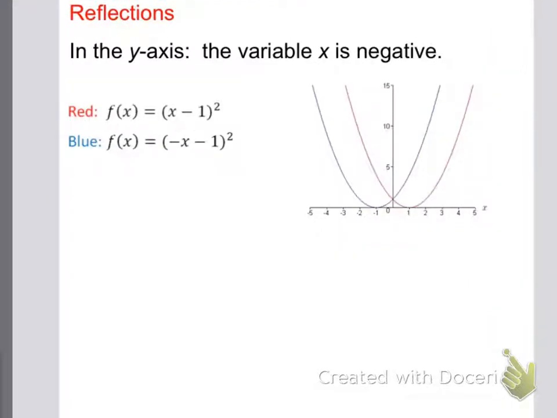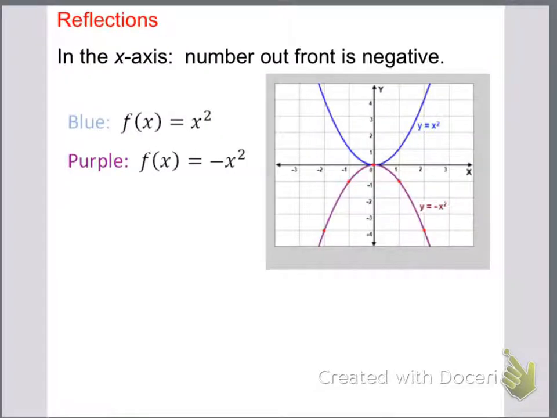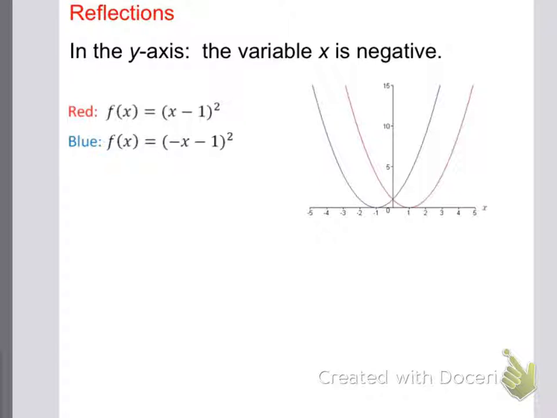In the y-axis, okay, the variable x is negative. See, back here, it was just negative x squared and positive x squared. Here, if I have x minus 1 in parentheses squared, if this x becomes negative x, then it reflects in the y-axis.